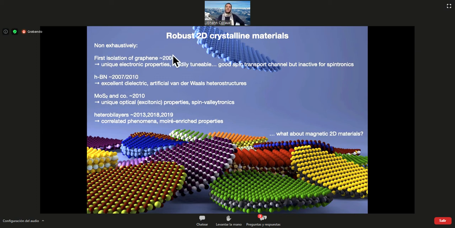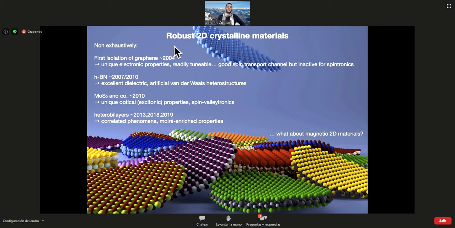You see the first isolation of graphene around 2004 or so. This material is of course very interesting for its unique electronic properties. It's a 2D material, and as such, it's basically made of interface or surface atoms, so you can tune the properties with, for instance, an electric field, which has been used a lot since then on graphene and with other materials as well.